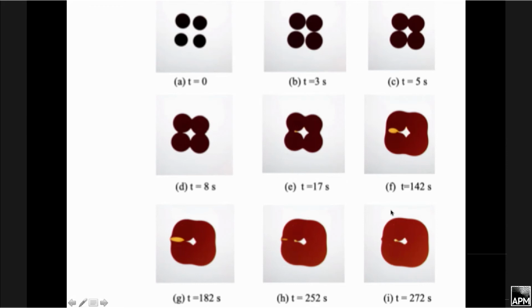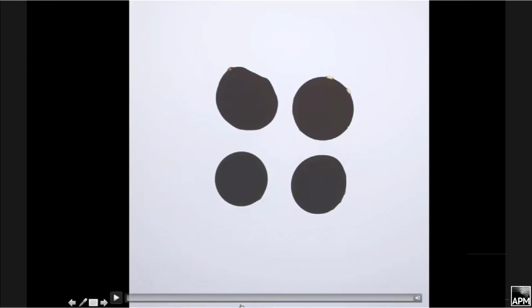The time scale here is something like 272 seconds, and you see that the air escapes and the bubble in here becomes of smaller volume. Here's a video of what we've done.